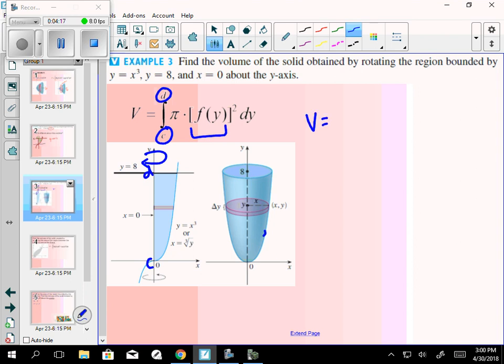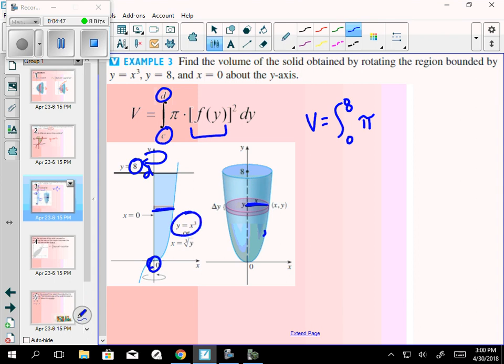It'd be the volume. As we go from, it looks like here, down here, it's 0. And on top, it would be our 8 here of pi r squared. And this one, our radius is going to be this distance. So this distance here is going to be whatever this function is in terms of y. So we know it's y equals x cubed.